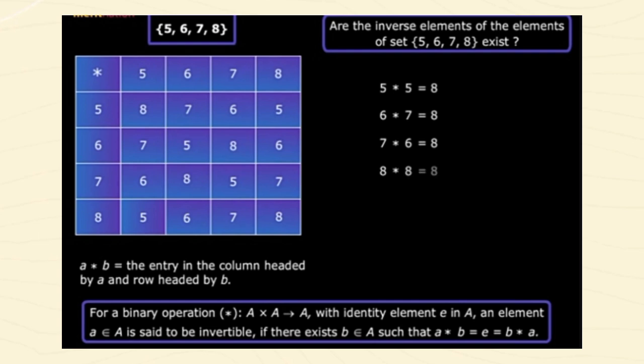Let us also see whether the inverses of all elements of this set exist or not.